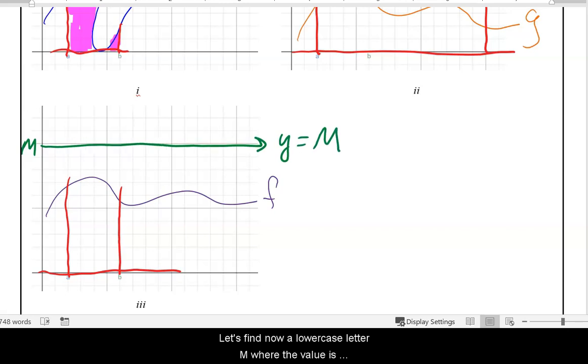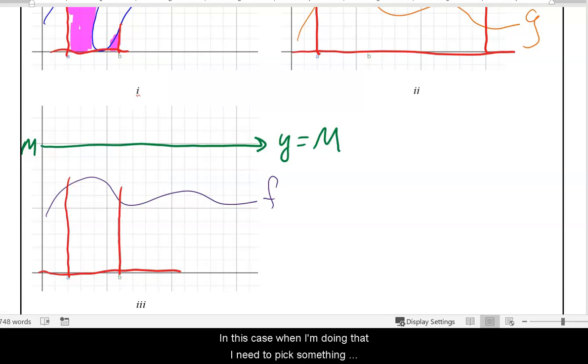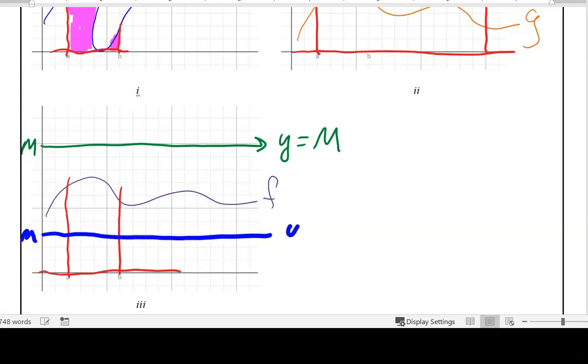Let's find now a lowercase letter m where the value is below the function value. In this case, I need to pick something that over the interval is always below the y value for the function. This, of course, is y equal to lowercase letter m.